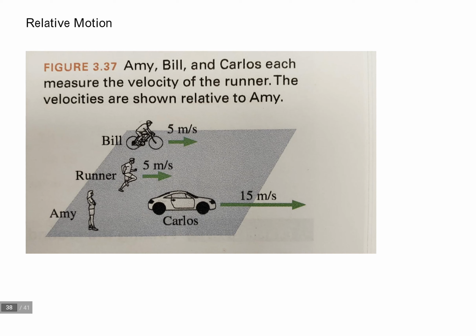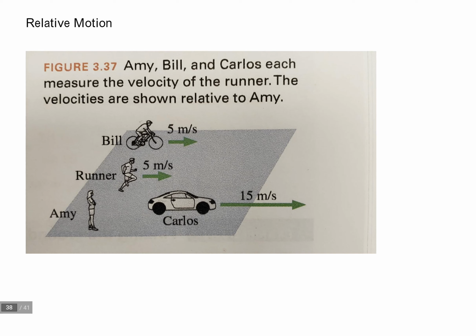So Carlos is speeding away from the runner at a difference of 10 meters per second, making the runner go away from Carlos at a speed of 10 meters per second in the negative direction. So according to Carlos, the runner has a velocity of negative 10 meters per second.